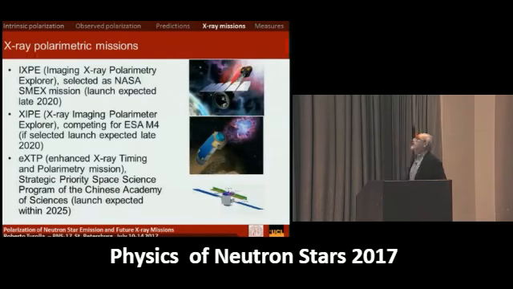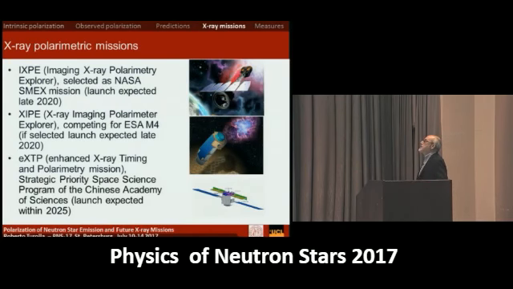Very well, excellent. So, what about the future? As I mentioned at the beginning of my talk, there are a number of proposed missions. I listed here the 3 which I know better. There are others still under study. The first one is called IXPE, Imaging X-ray Polarimetry Explorer, and it has already been selected as a NASA mission.